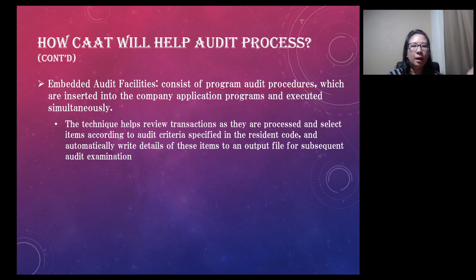Okay, and of course before we do this we need to have permission from the company, because we need to make sure that the authority or the owner knows about this kind of inserted program. If not, then it is considered like we are doing a hijack, or we are doing a virus.